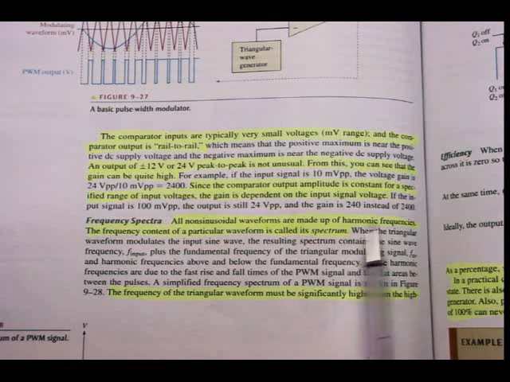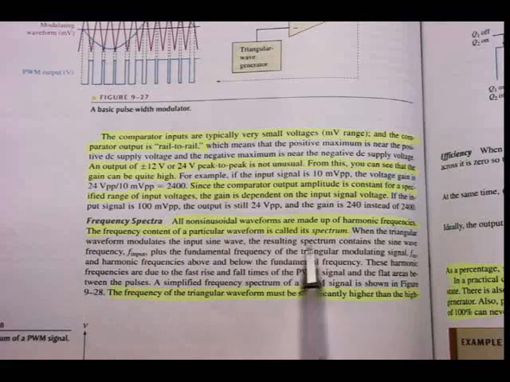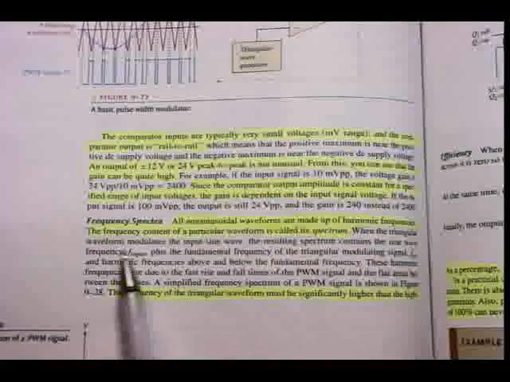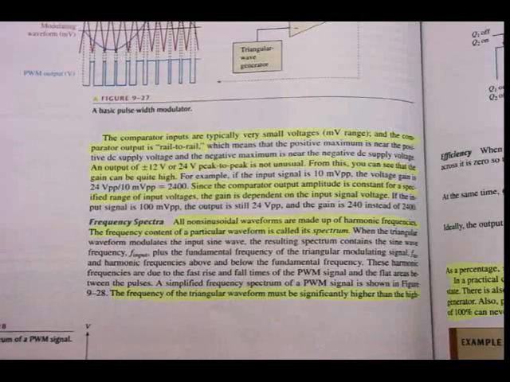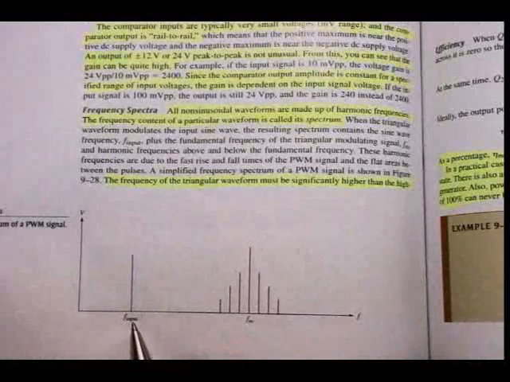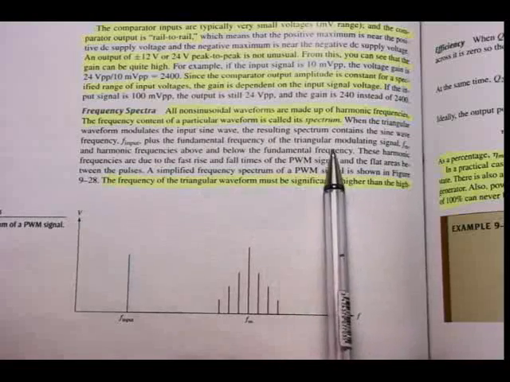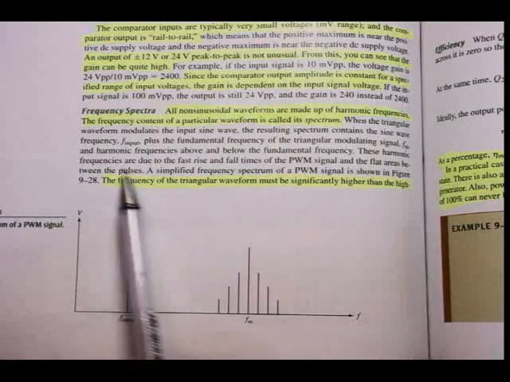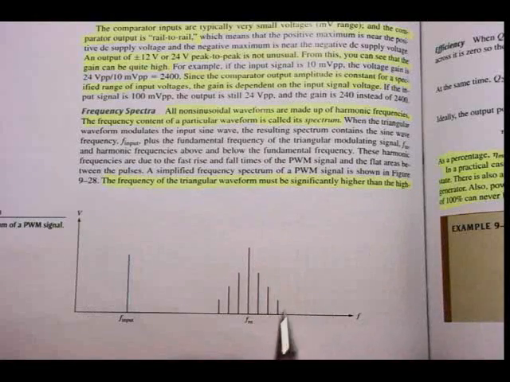But anyway, just to get back to the frequency spectra, when the triangular waveform modulates the input sine wave, the resulting spectrum contains the sine wave frequency f input. If you can look on figure 9-28 at the bottom of the page there. There it is. Plus the fundamental frequency of the triangular modulated signal f M and the harmonic frequencies above and below the fundamental frequency as indicated here.